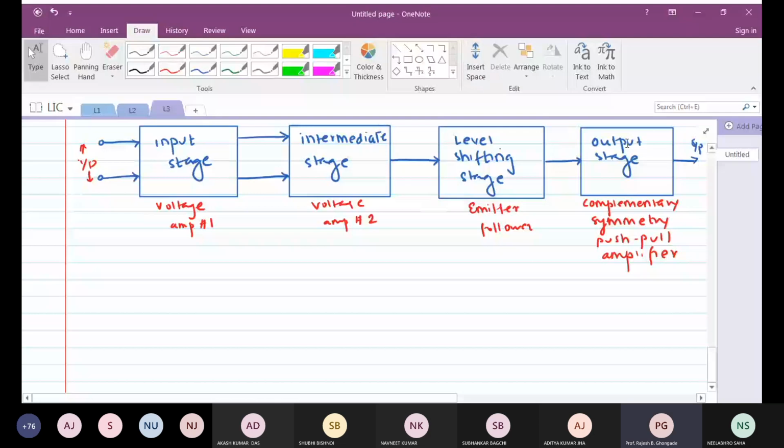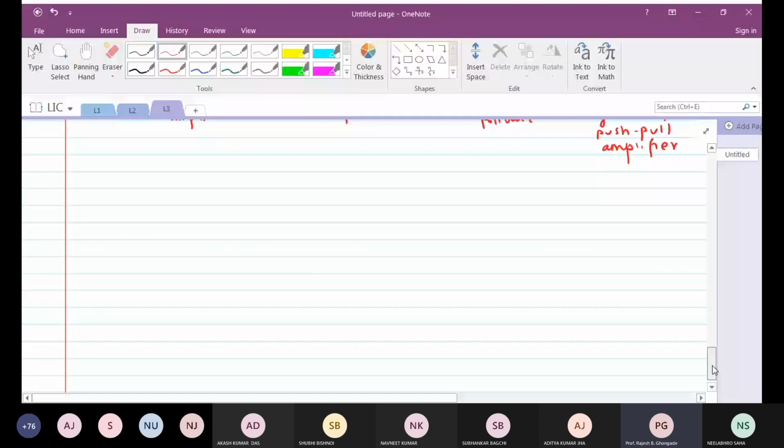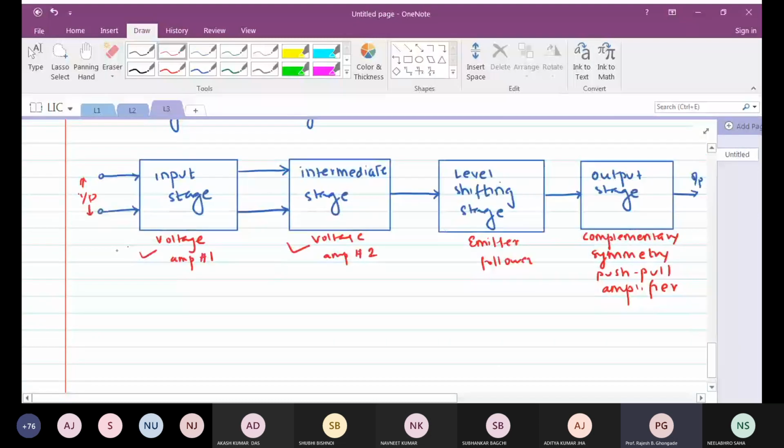Now what should be your choice of circuit for this stage as well as this stage? Can we use single stage common emitter voltage amplifier? Yes, sir, this was cascading, right? Absolutely. This is cascading. So the voltage gains get multiplied. This is AV2.